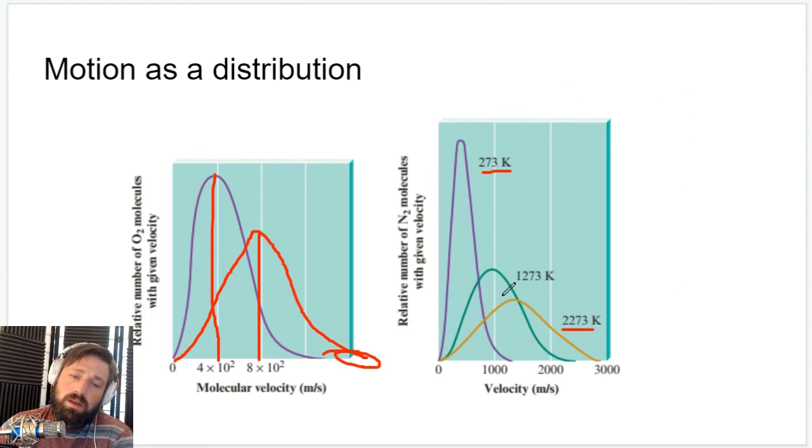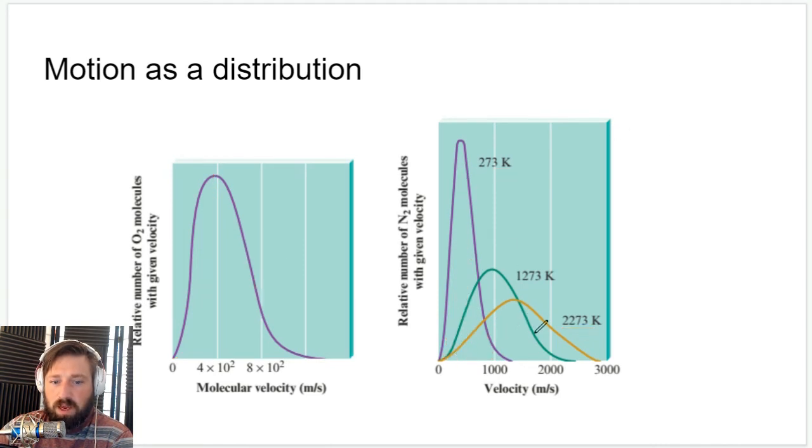The thing you need to think about is that the area underneath these curves, these areas are all going to be equal. So the area under this curve is going to equal the area under the green curve, is going to equal the area under the gold curve. That's because the number of particles didn't really change.